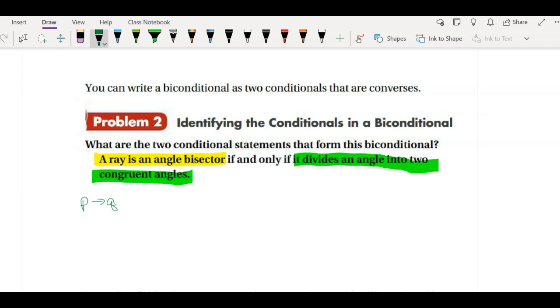So we're going to break it down. We're going to write if P then Q. If a ray is an angle bisector, then it divides an angle into two congruent angles.